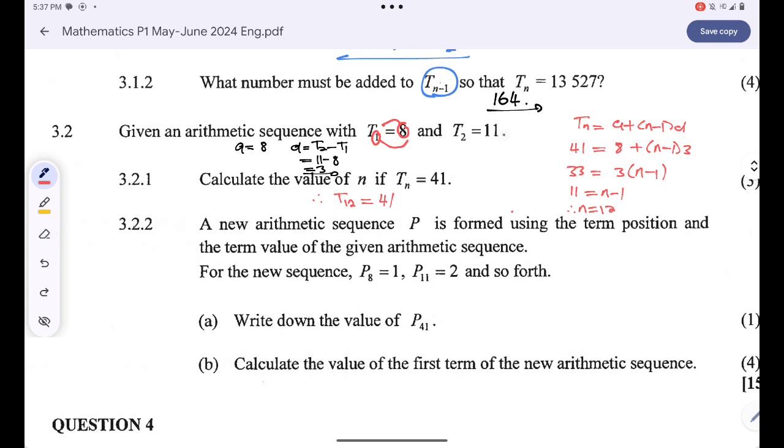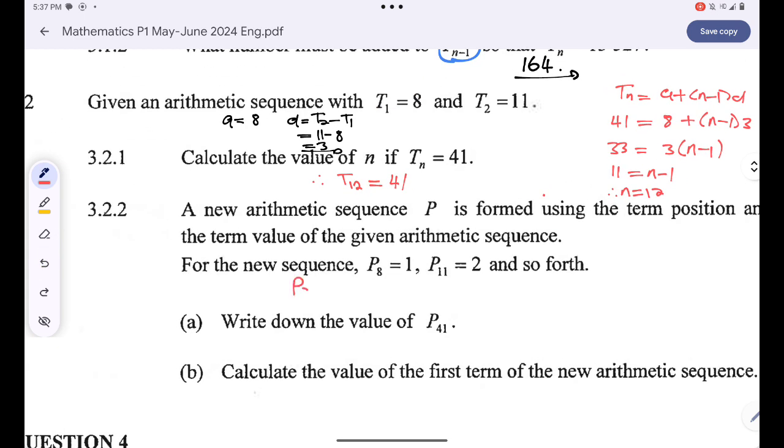So I now know that P8 is equal to 1, P11 will be equal to 2, and then P41 will be equal to 12. Because you are just interchanging the position and the term. So P41 will simply be equal to 12.